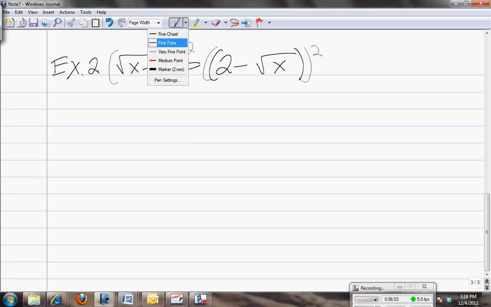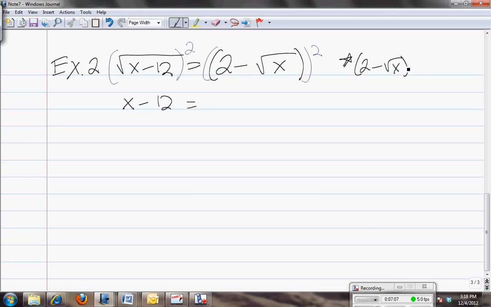Now if I square the left side, we've already done one like this, it just comes out to x minus 12. Over here, remember, this means 2 minus radical x times 2 minus radical x. Don't go being lazy and putting 4 minus x. Not going to work. So you need to FOIL this, right?